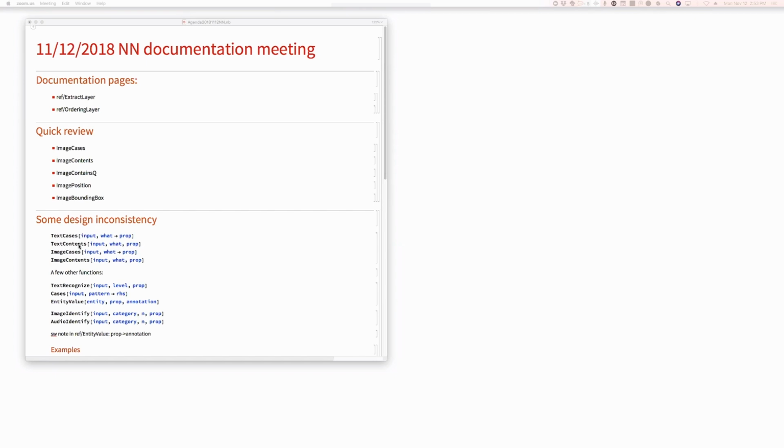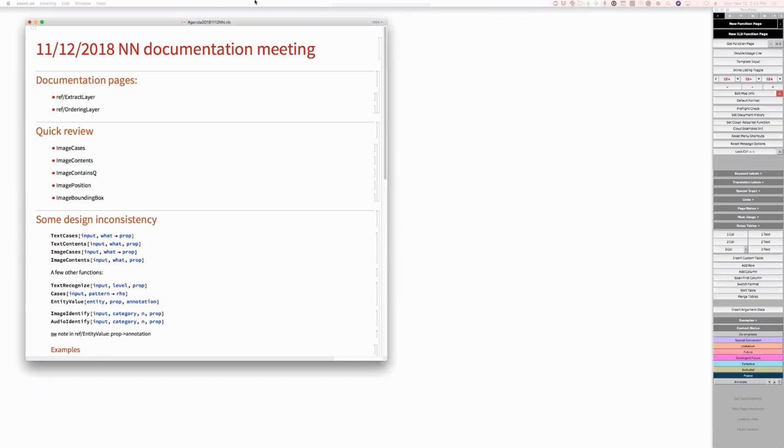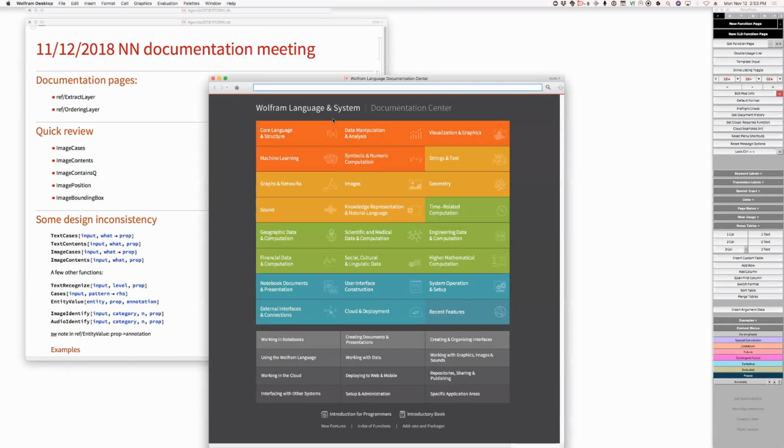Well, I mean, the contents family is new, right? Yes. The text case is actually the only documented function. Yeah, text contents, you mean? Not text cases. Text contents is also new in 12.